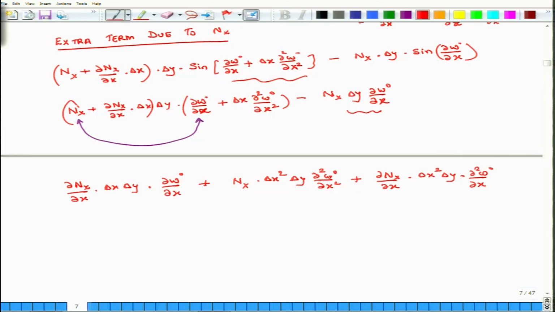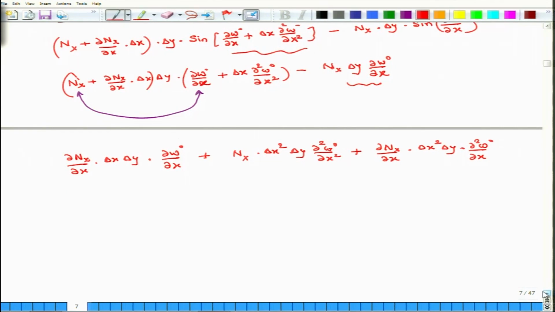So why should there be delta x square in the second term? Delta x, so this is there. Okay. So these are the residual terms. So these are additional terms.